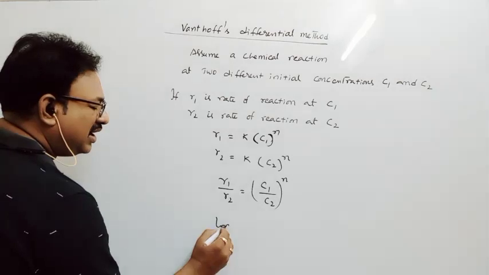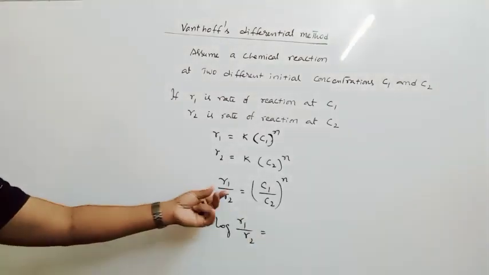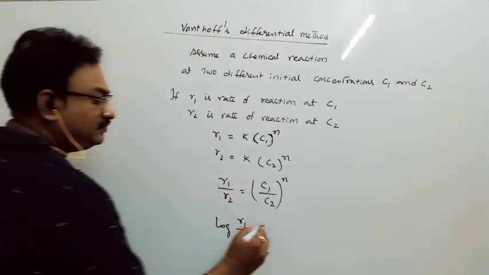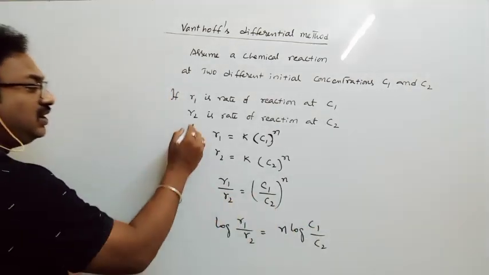Now log R1 by R2 is equal to n log C1 by C2, since the power comes down.